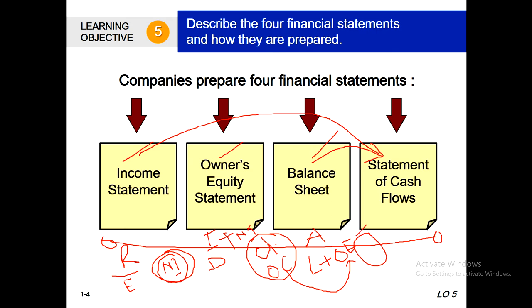Basically we consider three activities: operating activities, investing activities, and financing activities. In all three activities we have cash inflows or receipts and outflows or payments.